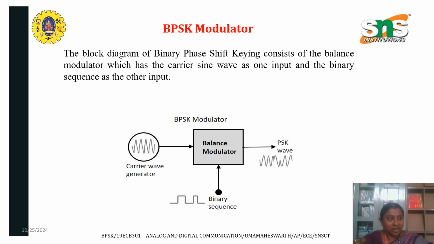The NRZ level encoder converts the binary data sequence into a bipolar NRZ signal, and this binary sequence is given as one input, and the carrier wave generator, that is the carrier signal, is given as the second input to the balanced modulator.